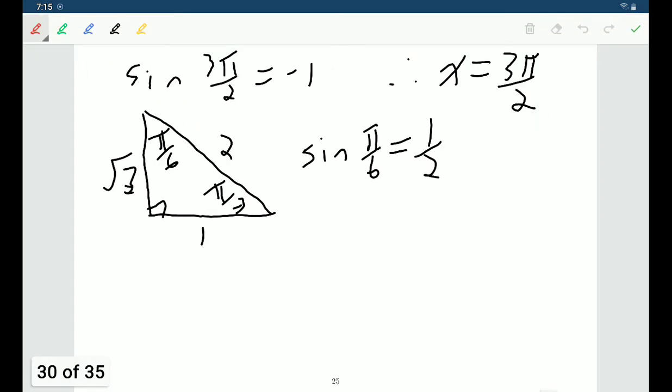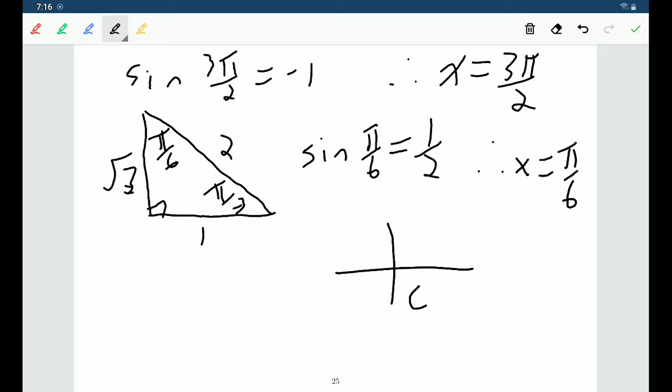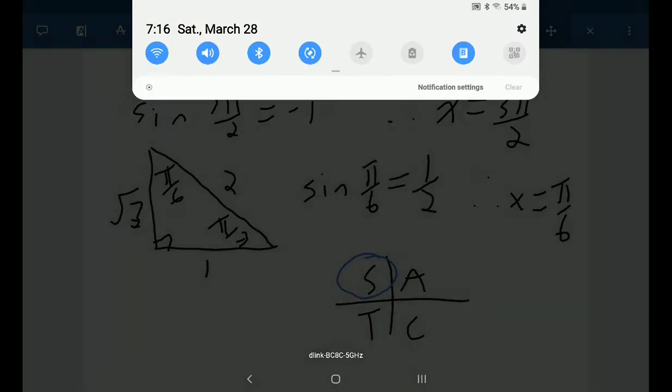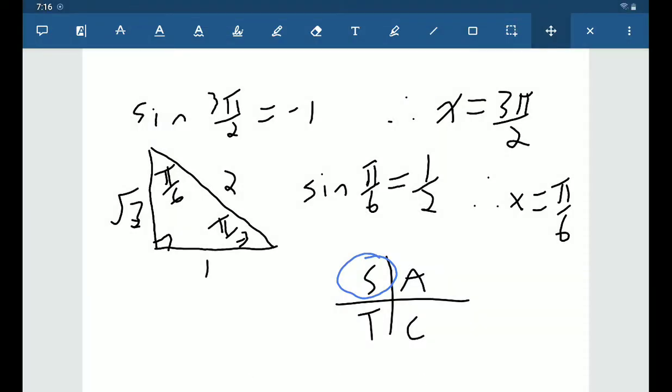But we then also need to remember that even though one solution is pi over 6, there will be other solutions, because sine is not just positive in quadrant 1, sine is also positive in quadrant 2. So there'll be a second solution in quadrant 2. Of course, we know that it's going to have the same reference angle as the solution that we found in quadrant 1.